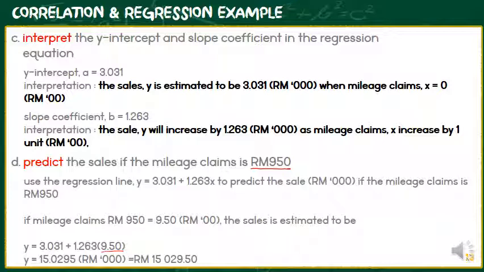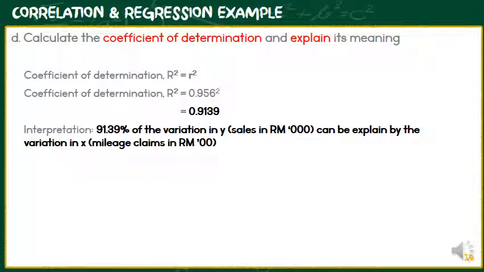Sebab dalam soalan itu, kalau you refer back the question, dia punya mileage claim adalah in 100. So 950 kena convert dia jadi 9.5 in 100. So that's why saya substitute 9.5 dalam equation. Okay. So this is the coefficient of determination.